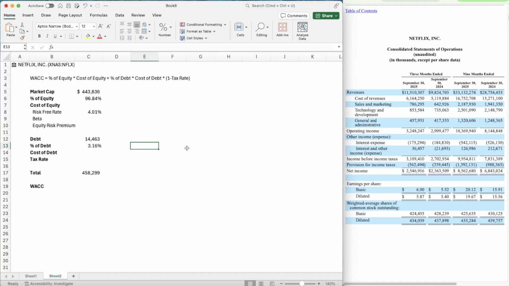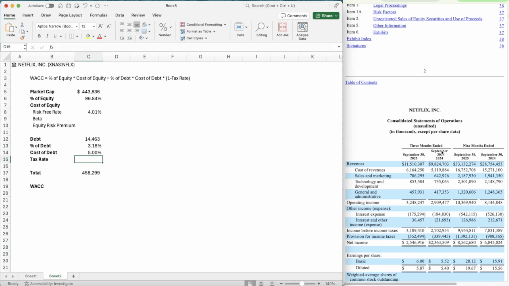So what we'll do is we'll just go 542.115 divided by 3 multiplied by 4 to get an annual amount. And we just go 72.82 divided by the debt, and that gives us about 5% cost of debt.